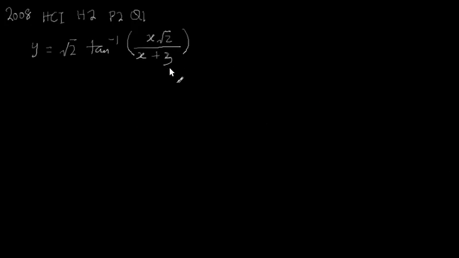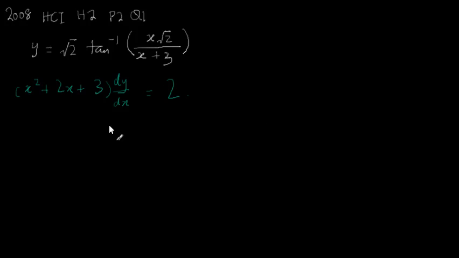There's a 3 there, actually. So let me start by writing out that expression again. We got x squared plus 2x plus 3 dy/dx plus 2. So that's what we got for the first part of the question.